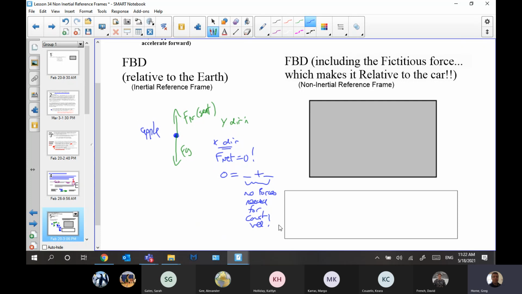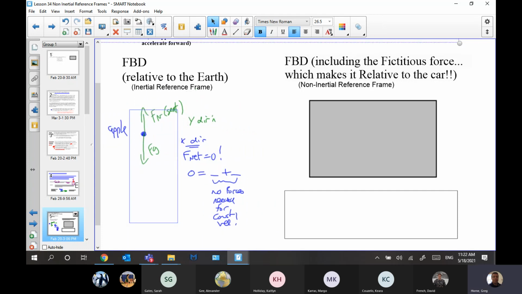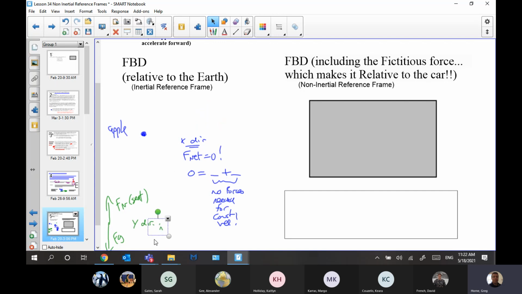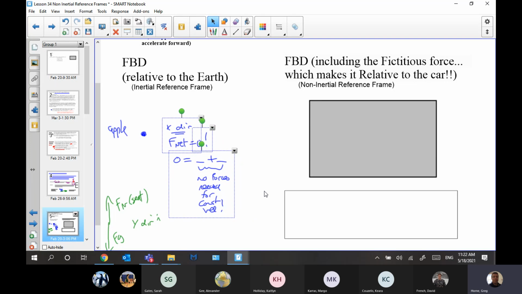The free body diagram might be better listed without the green stuff, just like that. There's no forces at all needed. So it might be easier to think of it that way.